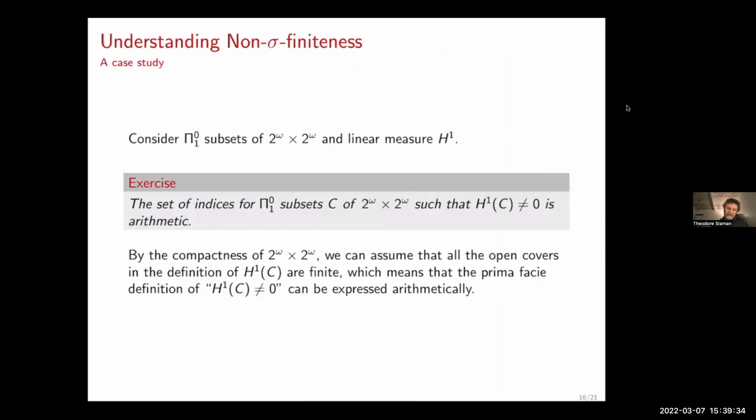By the compactness of 2^omega cross 2^omega, the Cantor square, to call it that, we can assume that all the open covers in the definition of the measure of a set are finite, because every open cover has a finite subcover. And that means, just parsing the prima facie definition of saying that the measure is not zero, you can do that by quantifying over the open covers. Those things are all finite, so you can give an arithmetic presentation of what that notion is.